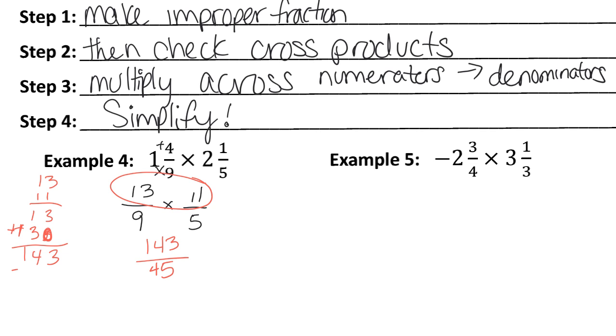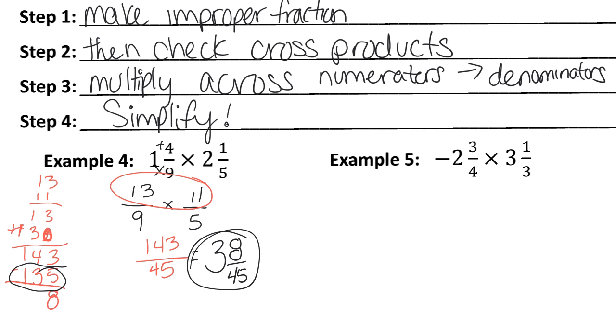And I'm going to say that it goes 3 times, which is 135. So then there's 8 left over. So it's 3 and 8 forty-fifths. Okay, if you didn't know that it went in 3 times, that's when you start practicing. It's 45, 90, 135. Okay.